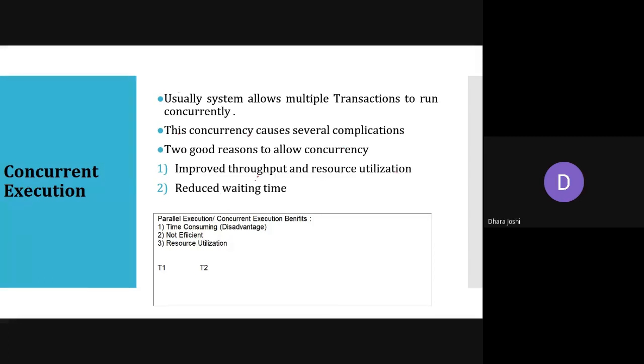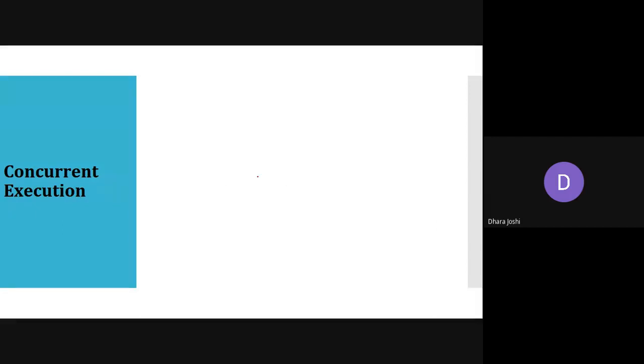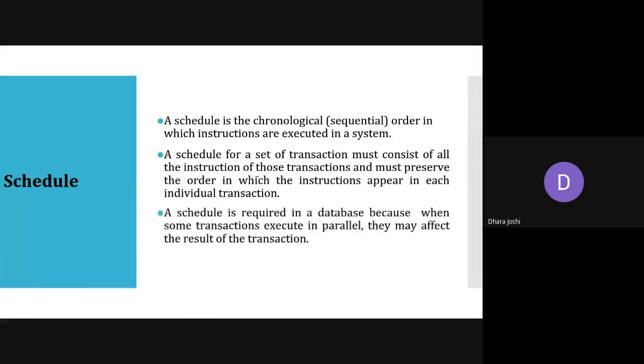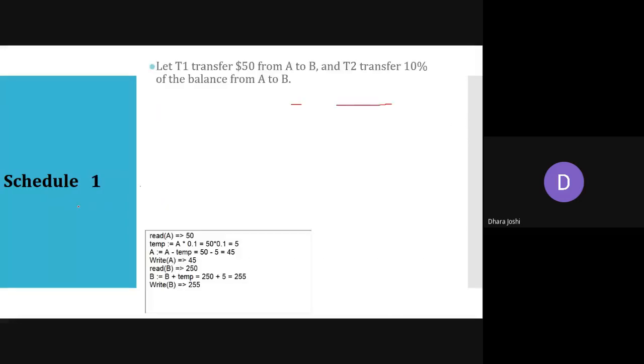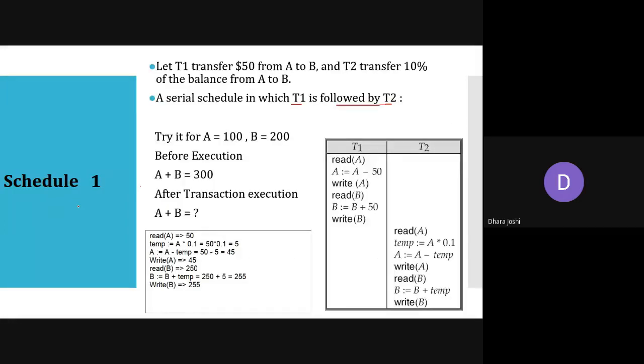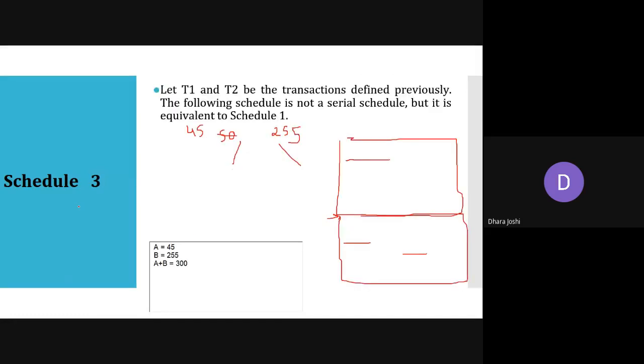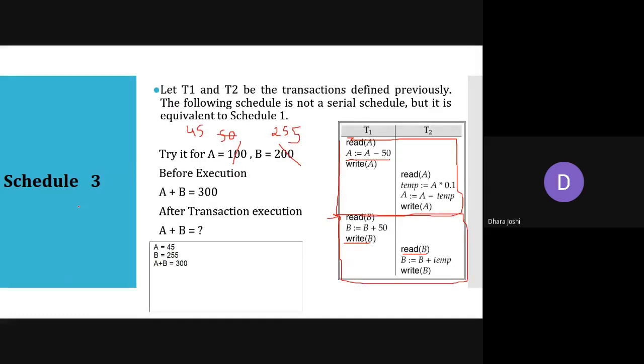That is why we require concurrent execution. For concurrent execution, a minimum of two transactions should be there. Okay. So if two transactions or a set of transactions occur simultaneously, we can say that it is a schedule. Okay. So we have covered three schedules and identified whether the database is consistent or not.